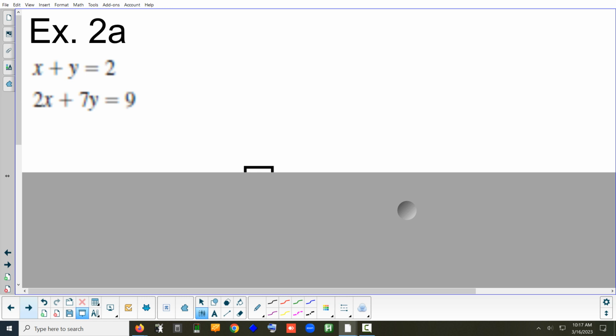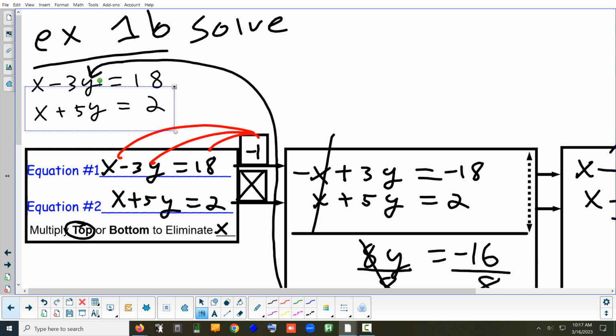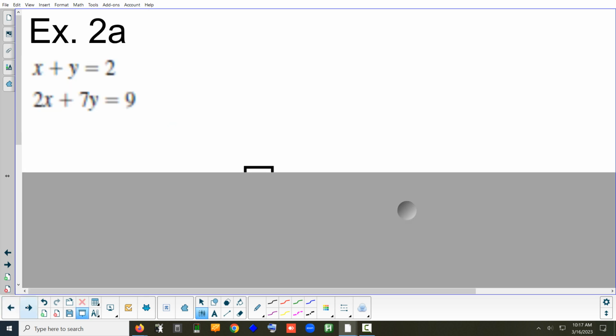Do we have a variable that doesn't have a number next to it in both equations? Okay. No. Okay, that would be situation 2, like a positive x and a positive x. We don't have that.